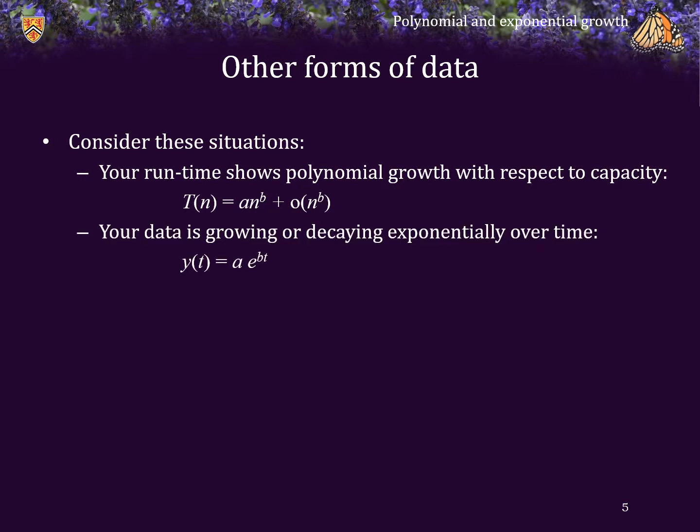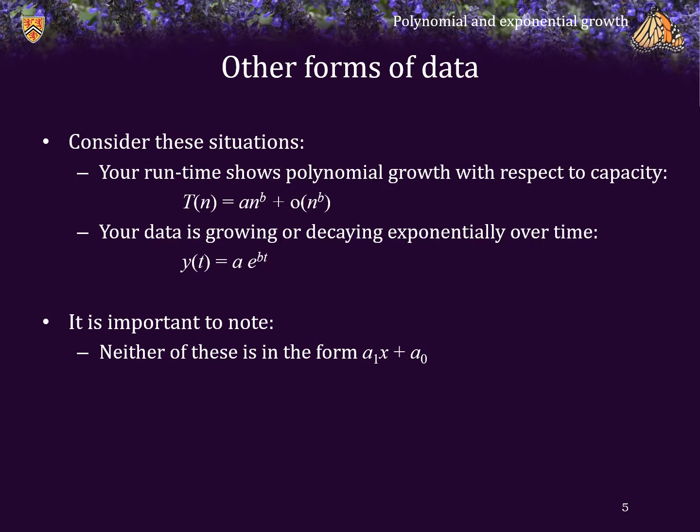Alternatively, let's say you're looking at nature, and you are looking at a phenomenon that appears to give exponential growth or decay. Consequently, the size or quantity is equal to some constant times e to the bt, where this is the exponential growth.